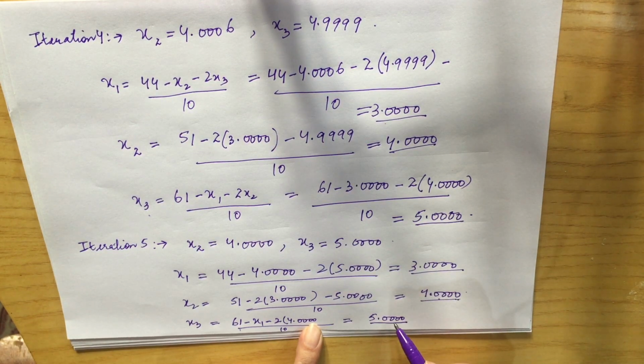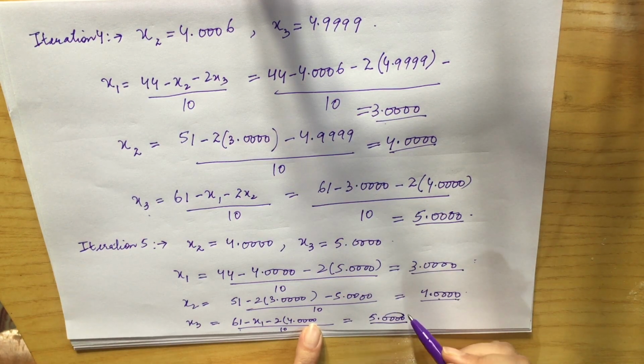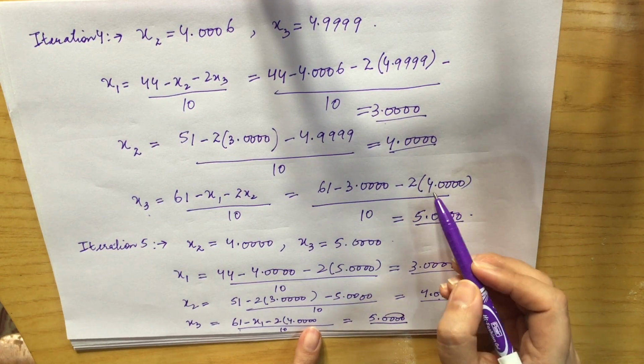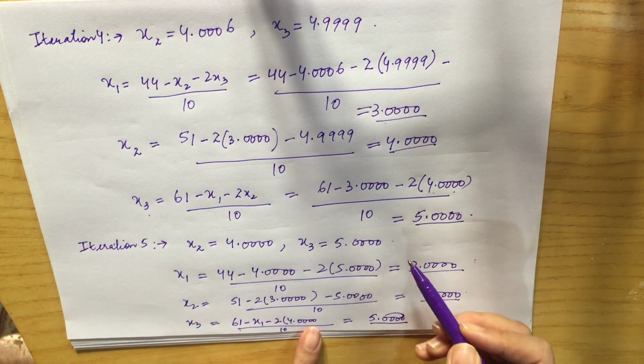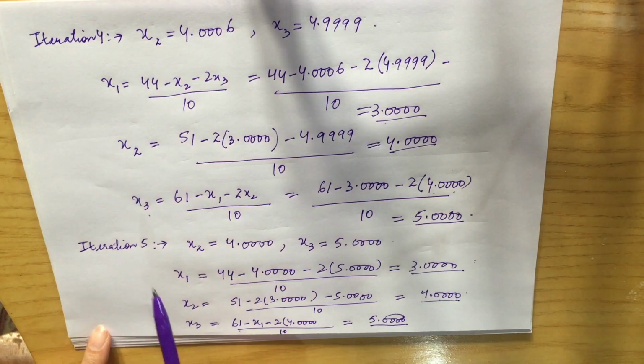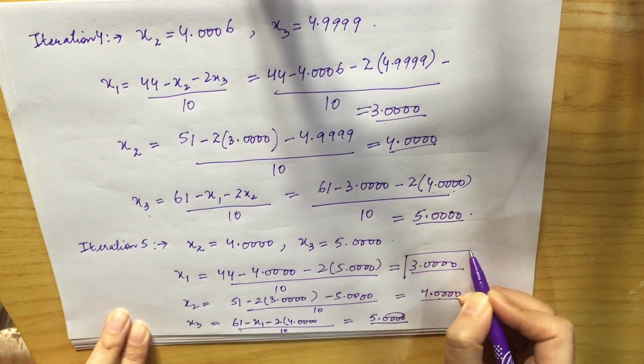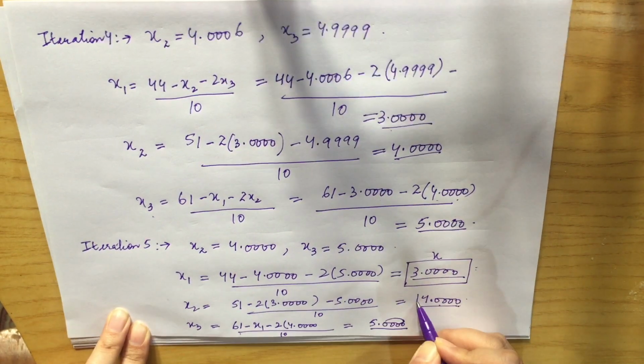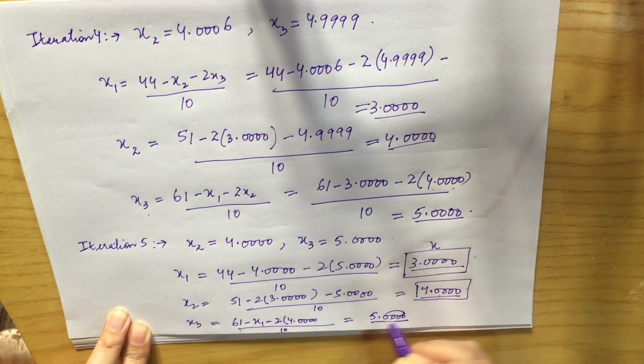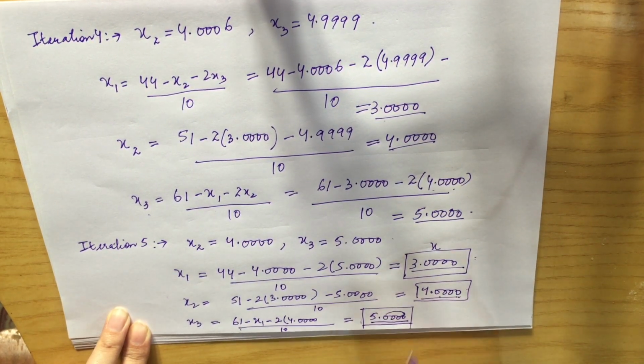That means there is no change from the fourth to the fifth iteration in the values of x1, x2 and x3. In our question it was given that we have to check the accuracy up to the 4 significant digits, and up to that there is no change. Therefore we will stop here and say the value of x1 is equal to 3, the value of x2 is equal to 4 and the value of x3 is equal to 5.